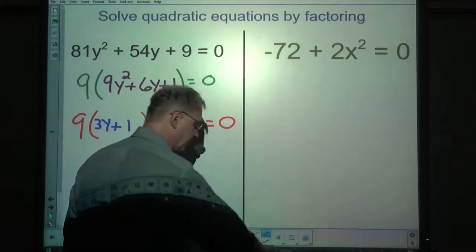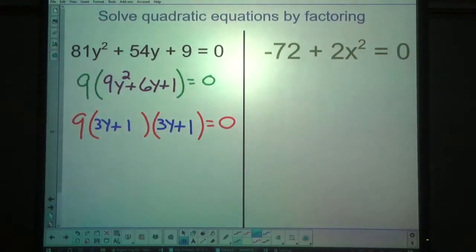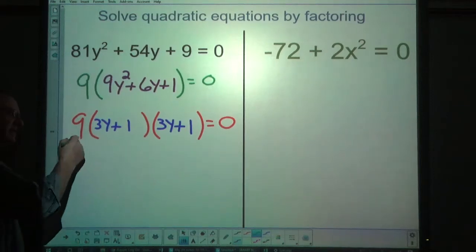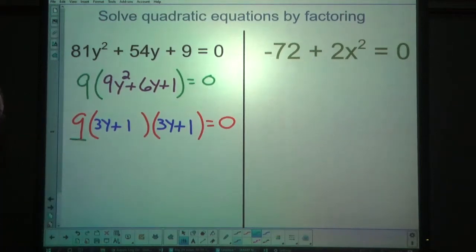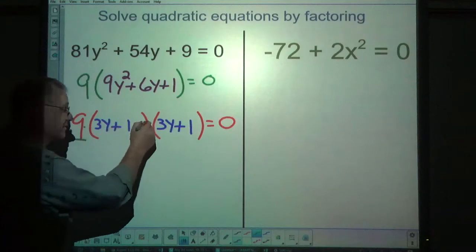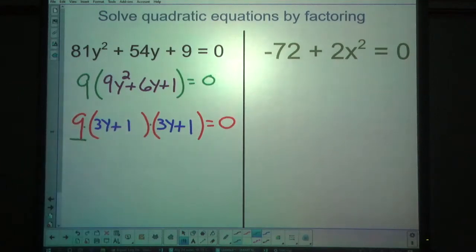All right. Now, here's the part of solving where you have to ask, how does this work? We know that if we take all of the things that are multiplied together to equal 0, at least one of them has to equal 0. But in this case, can 9, which is one of the things multiplied, 9 parenthesis parenthesis, can 9 actually equal 0?